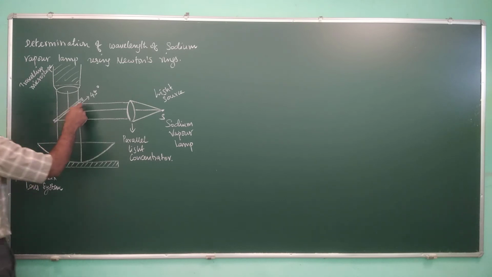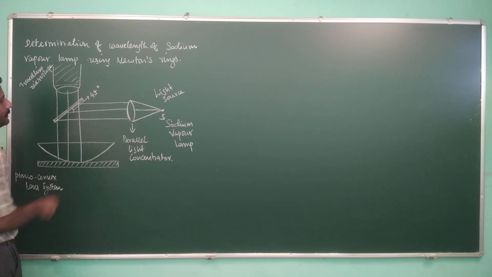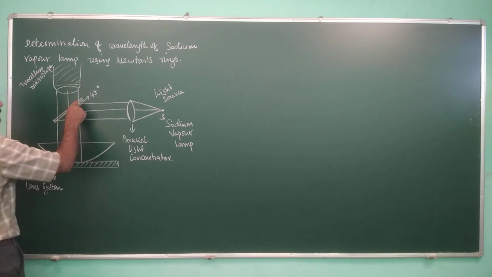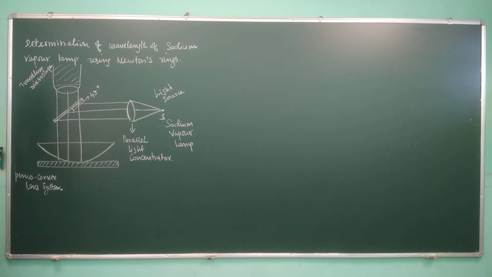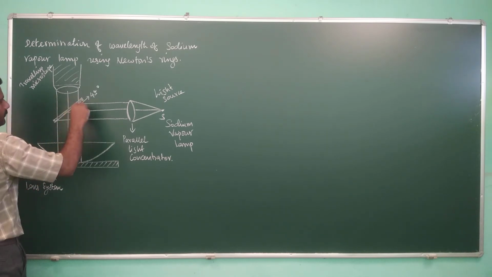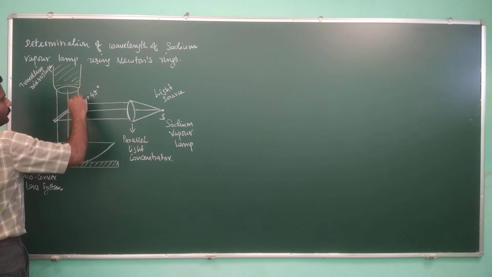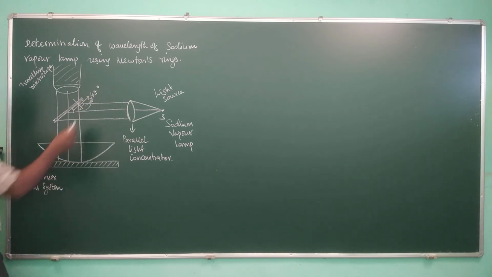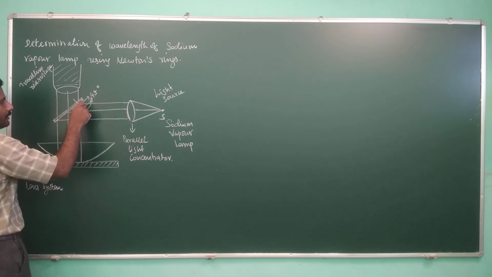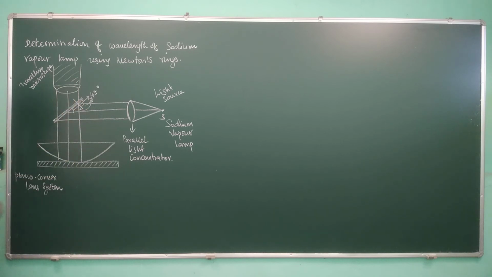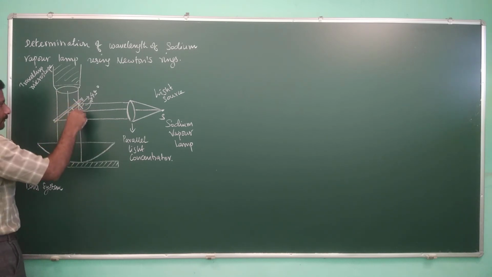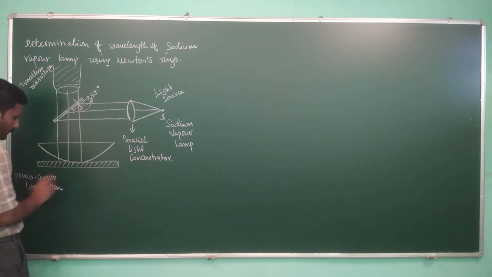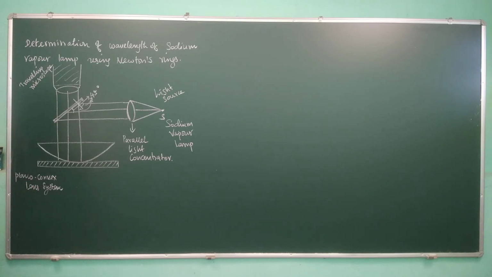So here the angle of inclination is 45 degrees, so that the incoming light ray hits this mirror at an angle of 45 degrees, so that the angle of reflection also will be 45. If you draw a normal to the lens, this angle will be 45 degrees, and this angle also will be 45 degrees, right? So this incoming light ray is diverted 90 degrees and it travels perpendicular to the Plano convex lens system, right?